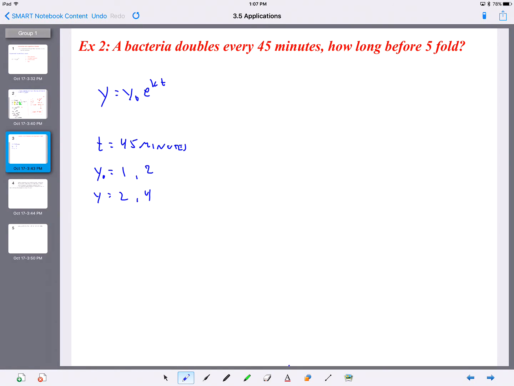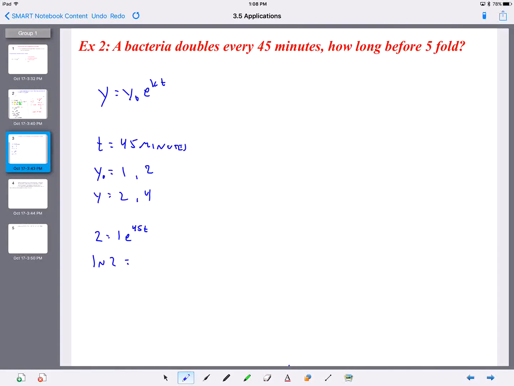So we'll do the same thing. The y, we'll say is 2, we'll use the first one, is equal to the initial, which is 1, e raised to the kt, so that'll be 45 times k. Normally we would divide by whatever that number is if you had chosen 2 and 4, but because it's a 1, we're good to go. We can go ahead and do the natural log of both sides.